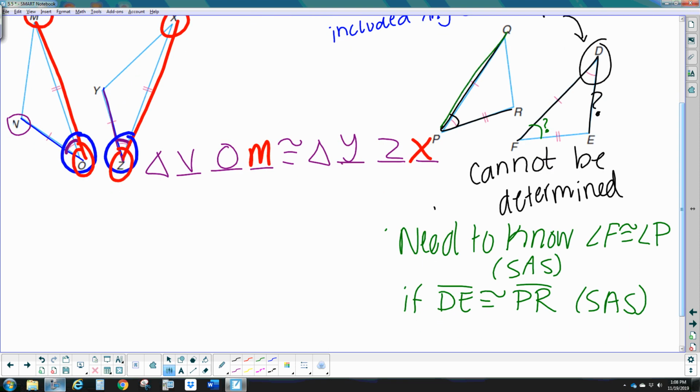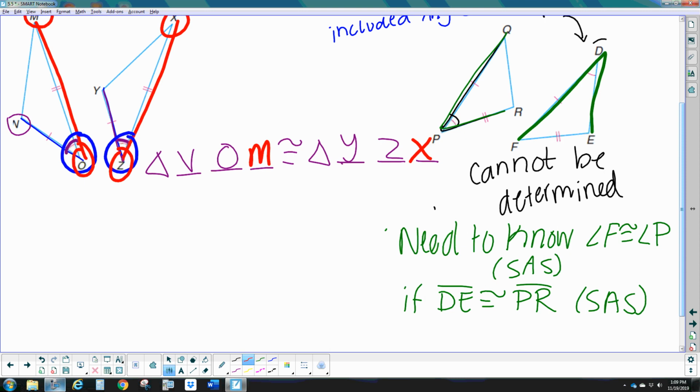Because then I would have QPR with angle P as the included angle, and I would have FDE, where I knew that D was the included angle, and FD and DE were the sides.